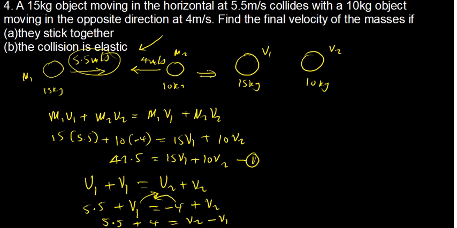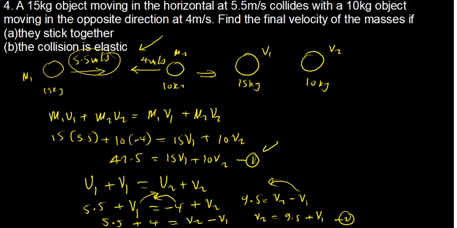So 5.5 added to 4, we get 9.5 is equal to v2 minus v1. At this point, I think it would be easier if we made v2 the subject of the formula, where we take the v1 to that side. So v2 is equal to 9.5. If this v1 goes over to the other side, it becomes positive v1. This will be our second equation.